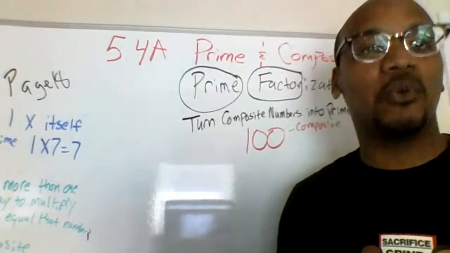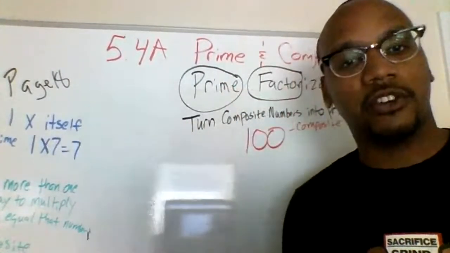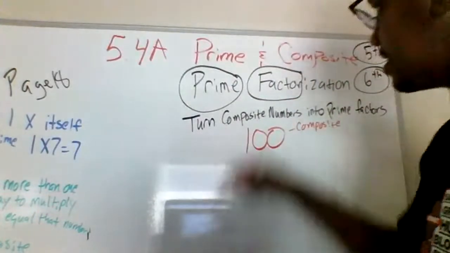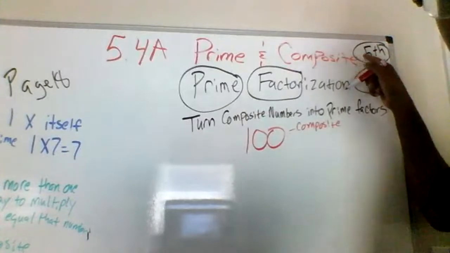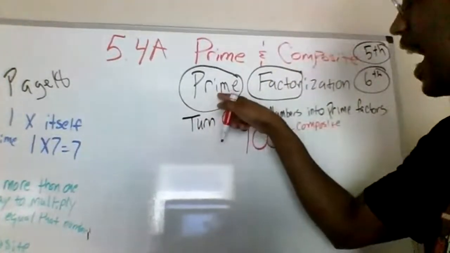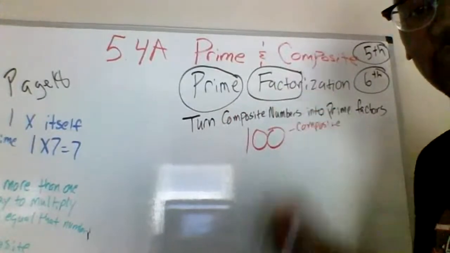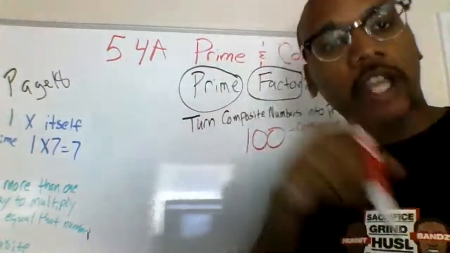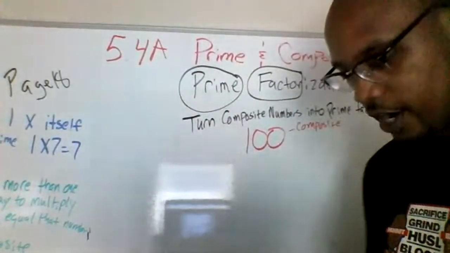You have a whole bunch of ways to multiply to get 100. So 100 is composite right now. It's still in 5th grade version. To make 100 into 6th grade version, I have to do prime factorization. I got to break 100 down into only prime numbers. Ready?